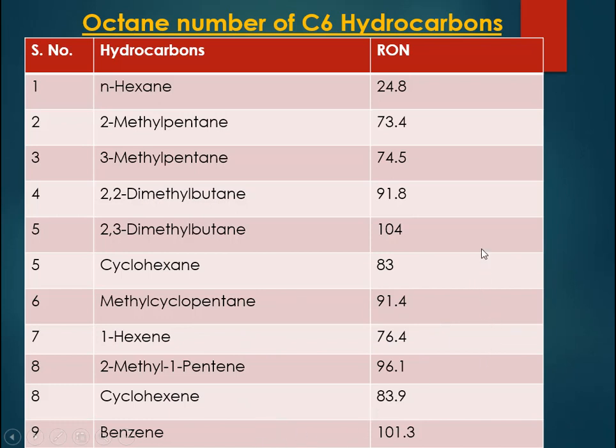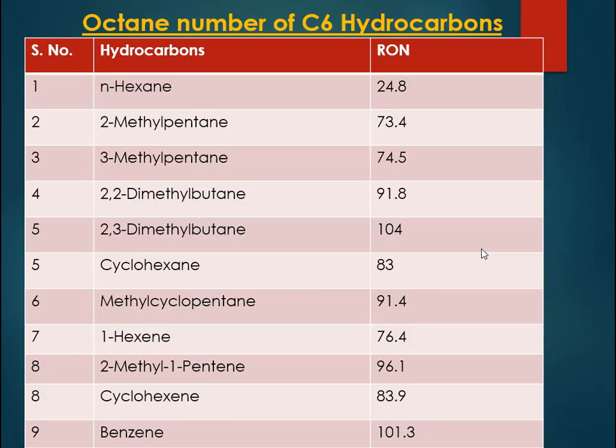So based on this understanding, there is no direct ascending or descending order of octane number for different families of molecules. We cannot say that aromatics have higher octane number than olefins, olefins higher than naphthenes, naphthenes higher than isoparaffins, and isoparaffins higher than paraffins.